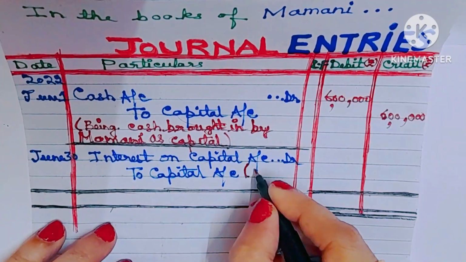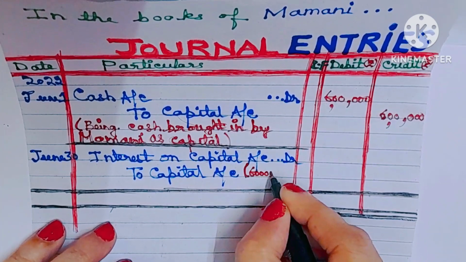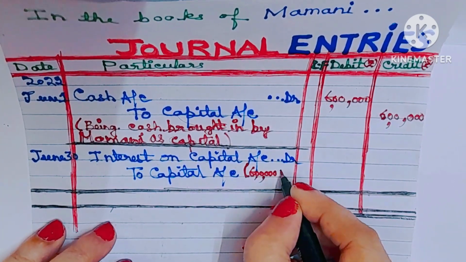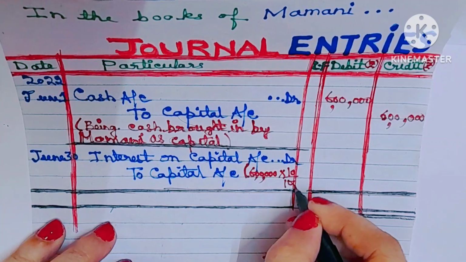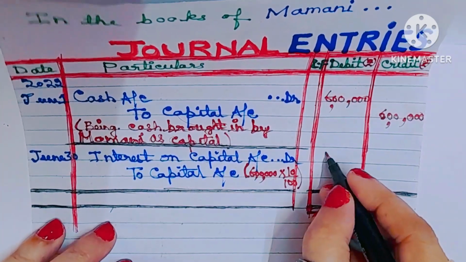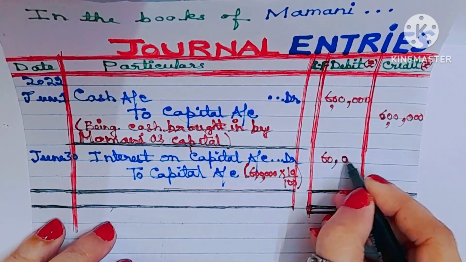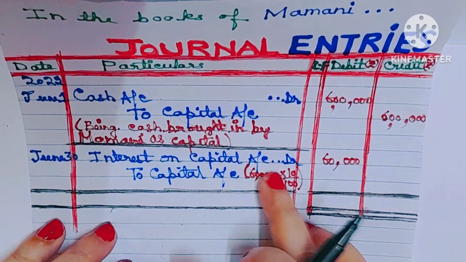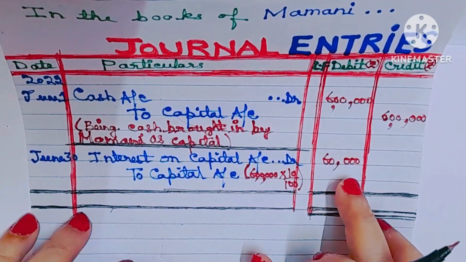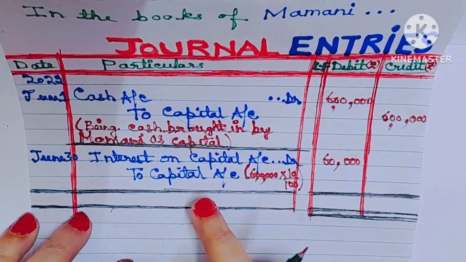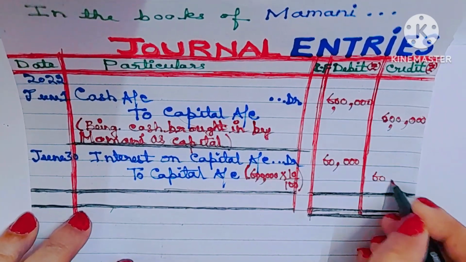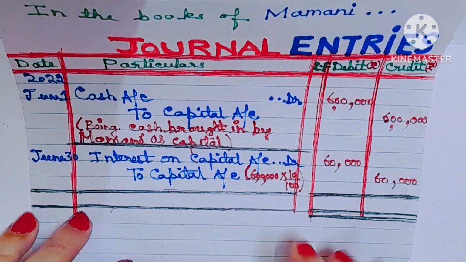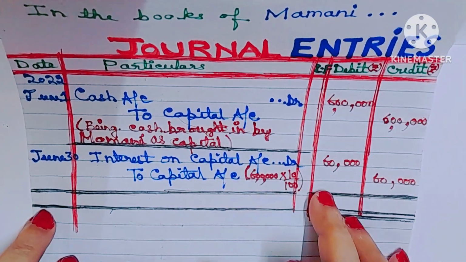We got to show here 6 lakhs into 10 by 100. 6 lakhs is the capital. 10 by 100, that is 60,000. Interest on capital account 60,000. You should be writing 60,000 in the debit column for the debit account, and to capital account you should be writing in the credit column 60,000. Understood? You got to show the calculation.